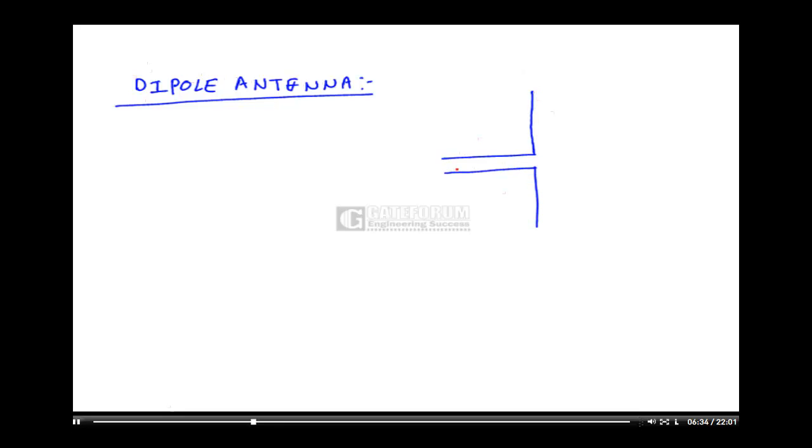We will discuss the dipole antenna. The dipole antenna shape is like this. This is a feeding point, having a conductor carrying a current I. The length of the antenna is L. It will carry current and radiate directly.